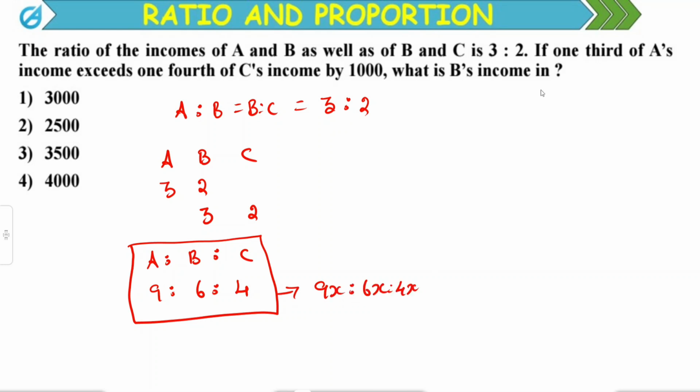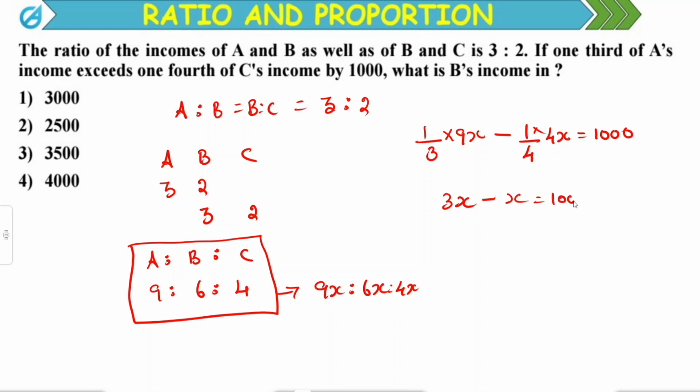Now, one third of A's income, one third of 9x, exceeds one fourth of C's income by 1000 rupees. So what is one third of 9x? 3x. What is one fourth of 4x? x.